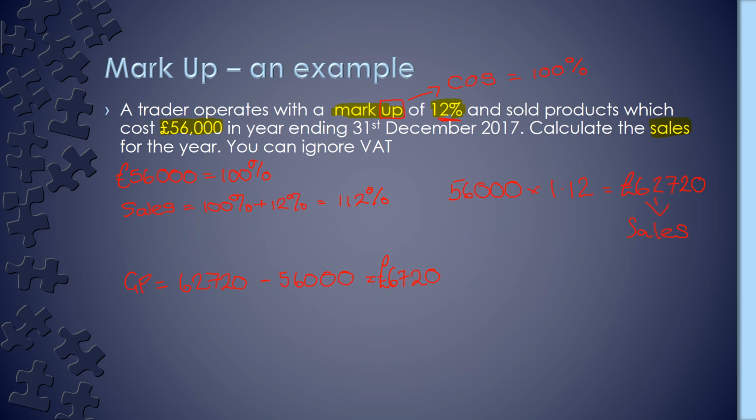So now let's put it back into the markup formula. So our markup formula is the gross profit divided by our cost of sales, multiply that out by 100, and that comes back to 12%.